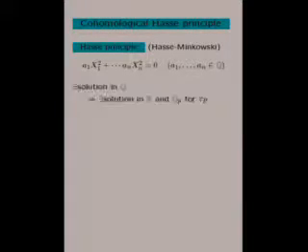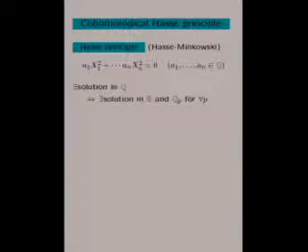This equation has a non-trivial solution in Q, the field of rational numbers, if and only if it does in the real numbers and also in the p-adic numbers for all primes p. This is a very classical fact from number theory due to Hasse and Minkowski.